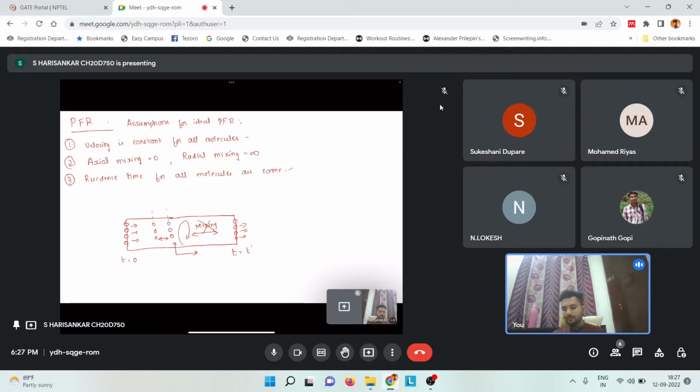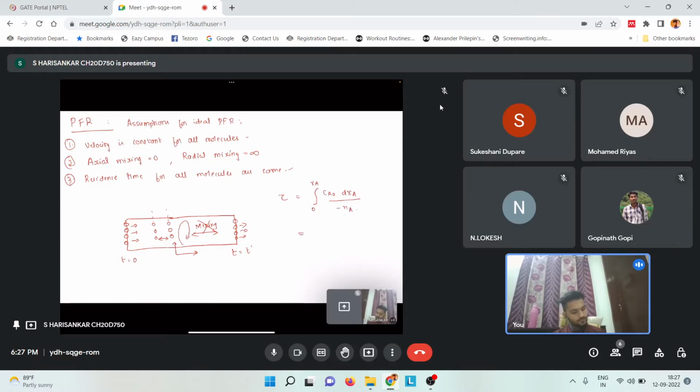Now, the material balance for this, I'll give as homework for you. You guys try it out and see. You can refer to textbooks as well. There are a lot of good textbooks available for CRE. By doing the material balance, we can see that tau is equal to the integral from 0 to XA of CA0 dXA by minus RA.